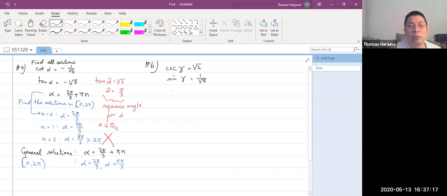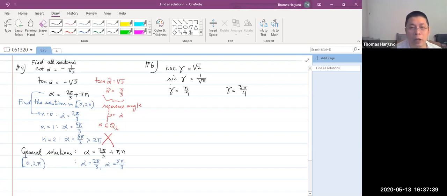Now, sine is positive in quadrant 1 and quadrant 2. In quadrant 1, the one that gives us 1 over radical 2 is 45 degrees, pi over 4. In quadrant 2, the one that gives me 1 over radical 2 is 3 pi over 4.